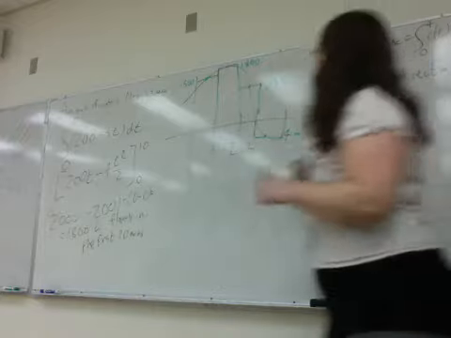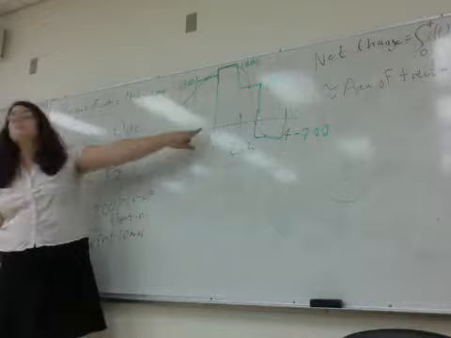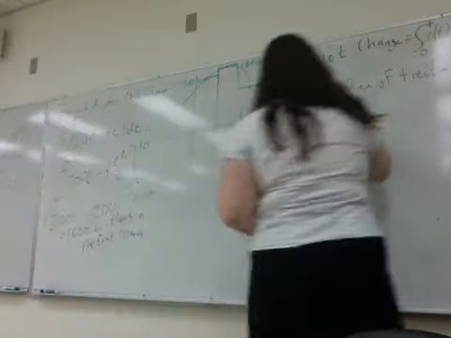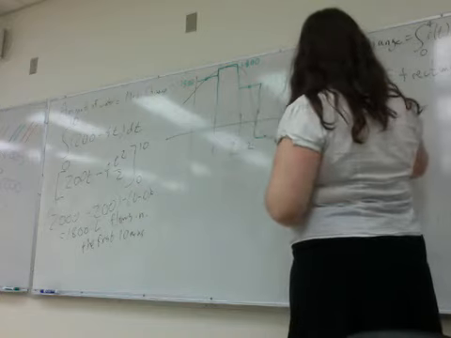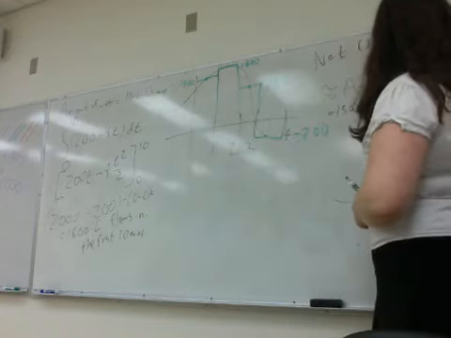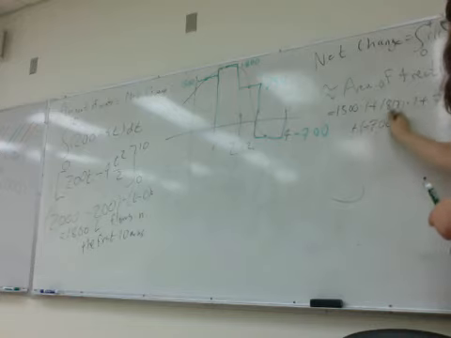Right? So if we're measuring the areas of each of these things, to measure the area, we always take the height times the width. The width of each of those is 1. So we're going to have 1500 times 1 plus 1800 times 1 plus 750 times 1 plus negative 700 times 1.